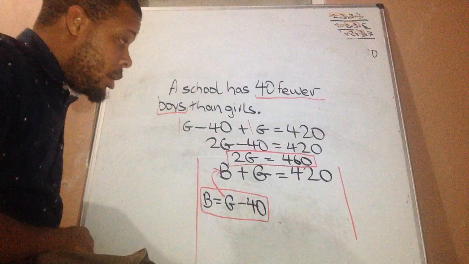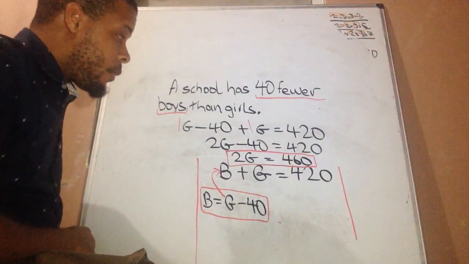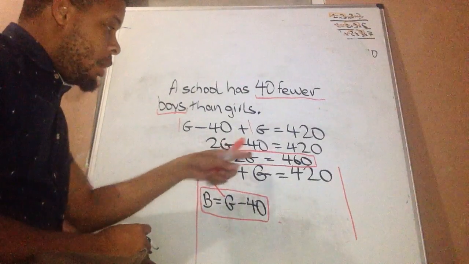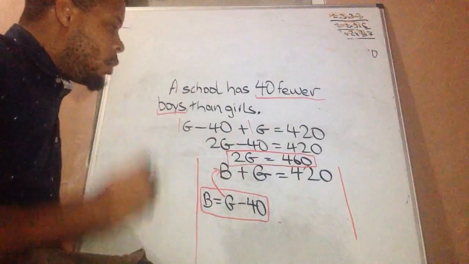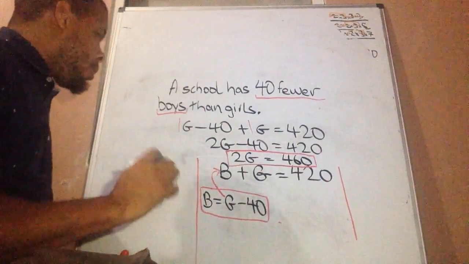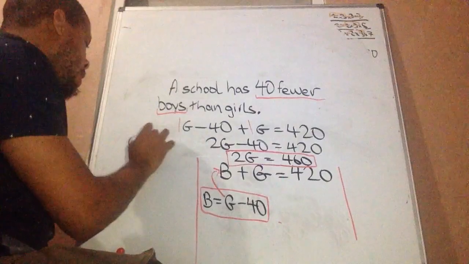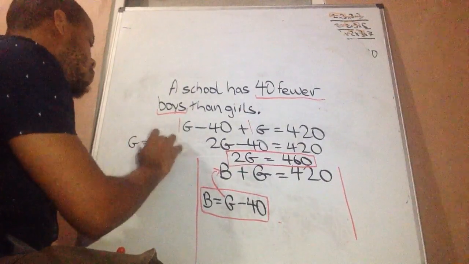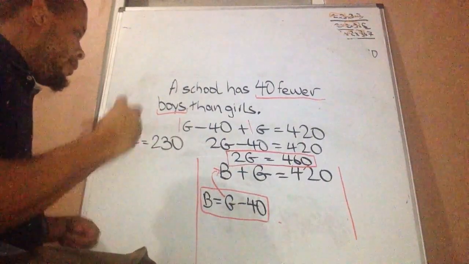See if that makes sense. So 2G equals 460. We divide both sides by 2. The number of girls will be 230.